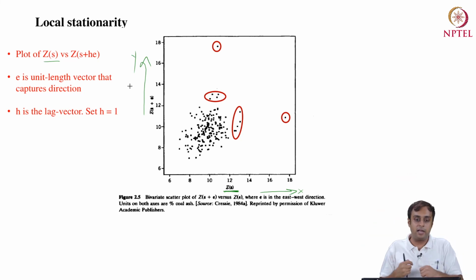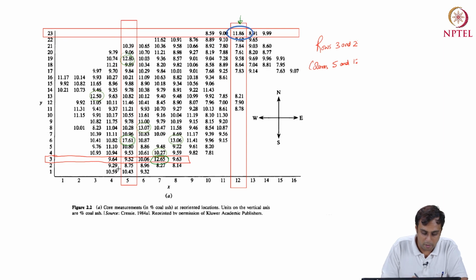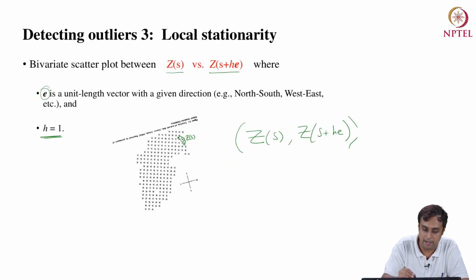So I'm basically starting at each value in my data, right? Let me go back to my data set. I'm going to start at 10.59, that's my Z of S, and I'm going to move one step further, Z of S plus 1. Then I'm going to have 10.59 on the x-axis and 9.59 on the y-axis, and I'm going to point out the coordinate, right? So let's do that.